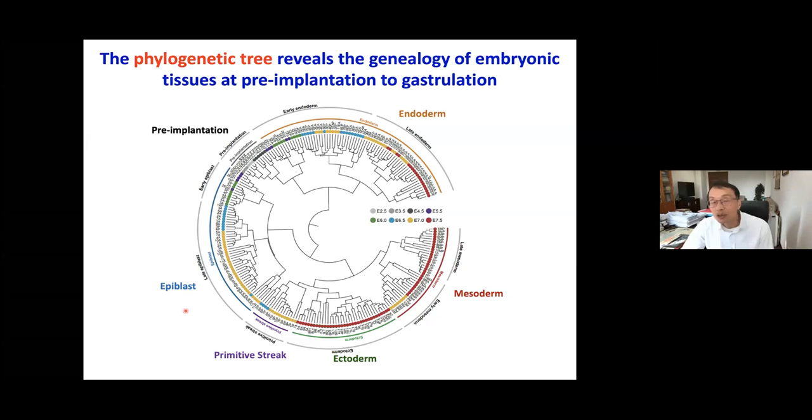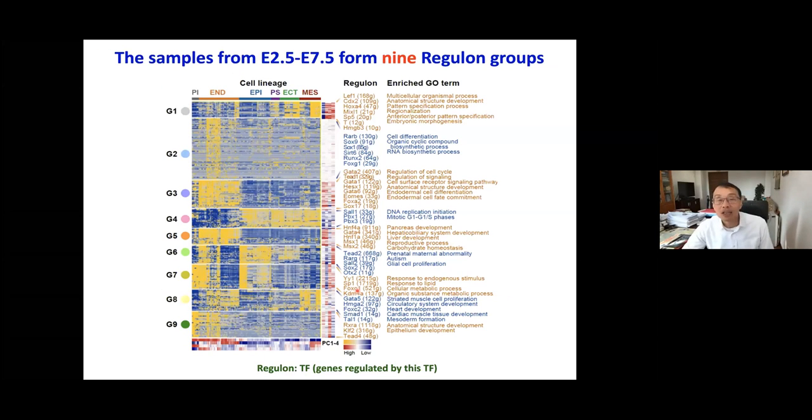According to the old model, people said endoderm and mesoderm have a common progenitor, but we found the endoderm separated from mesoderm and ectoderm quite early. And we can also see mesoderm and ectoderm have a common progenitor. All the Regulons can form 9 Regulon groups.